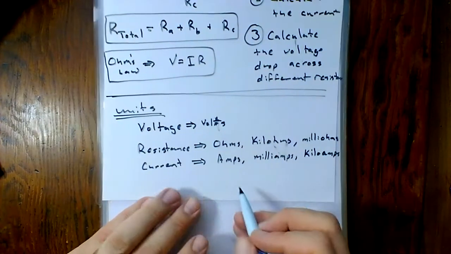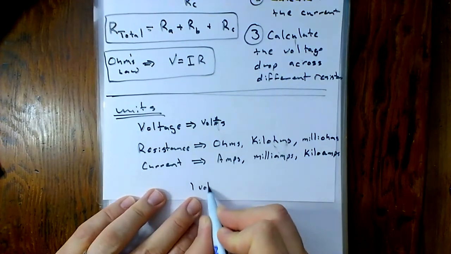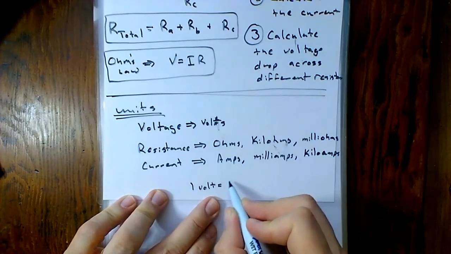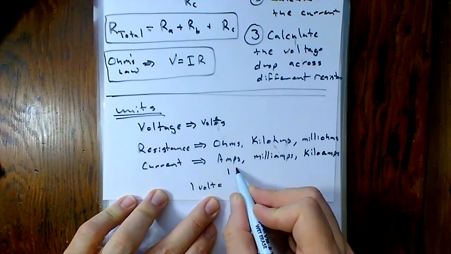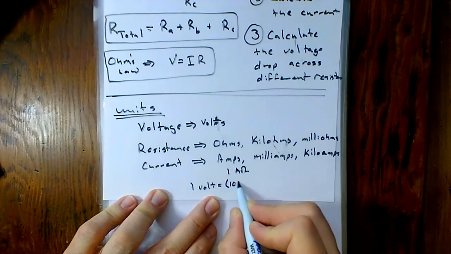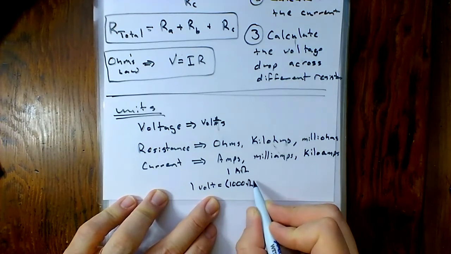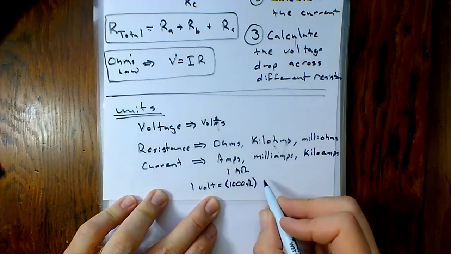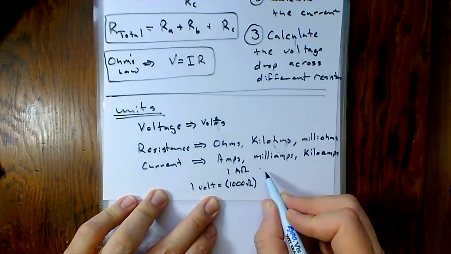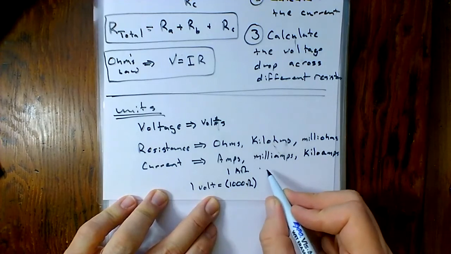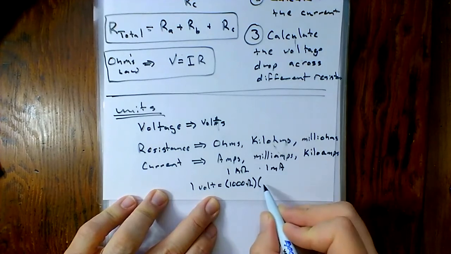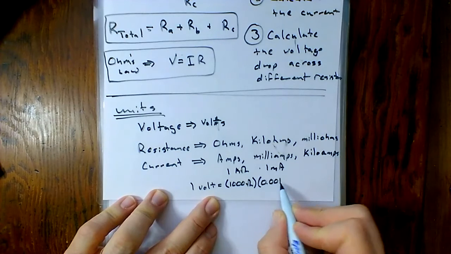So if you think about that, if I've got 1 volt, that would be equal to 1 kiloohm, which is literally 1,000 ohms, times my amps, say 1 milliamp, which is 1/1,000th of an amp.